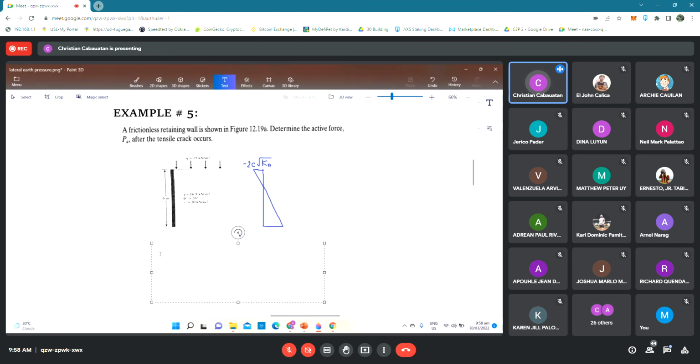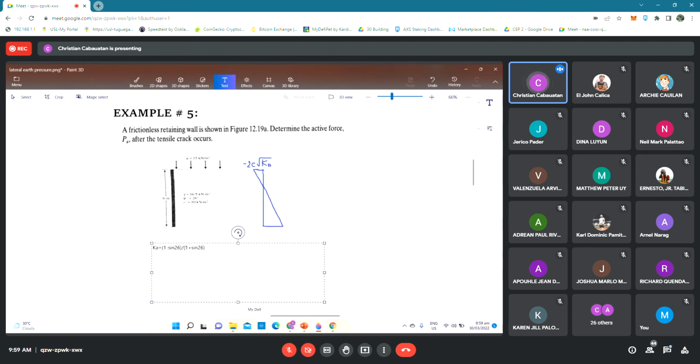So the first thing, we determine its Ka. Ka is equal to, since it is active, 1 minus sine of 26 divided by 1 plus sine of 26.